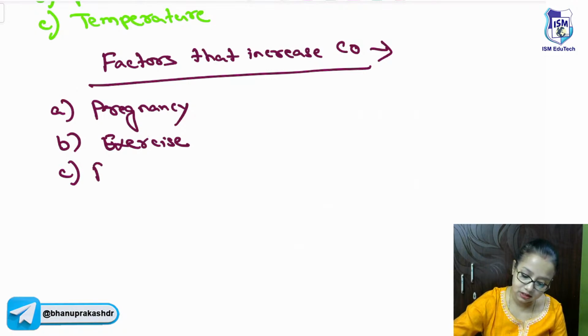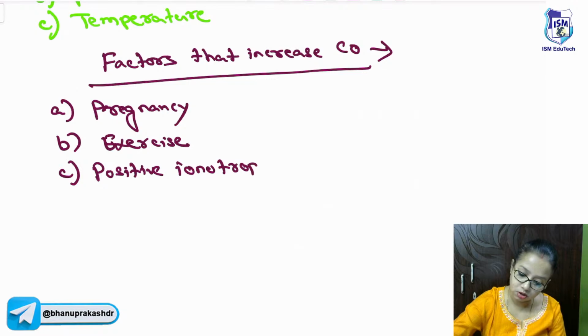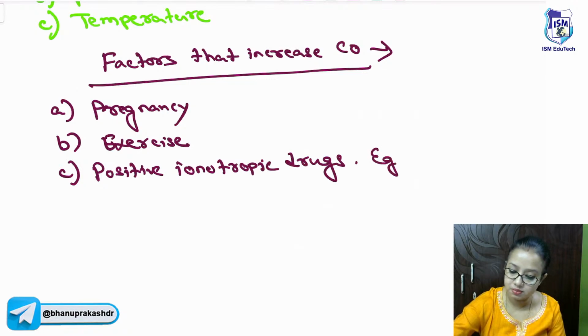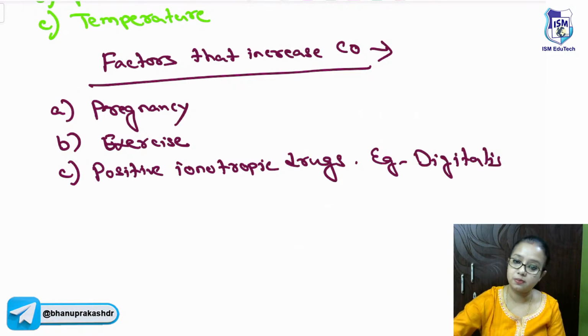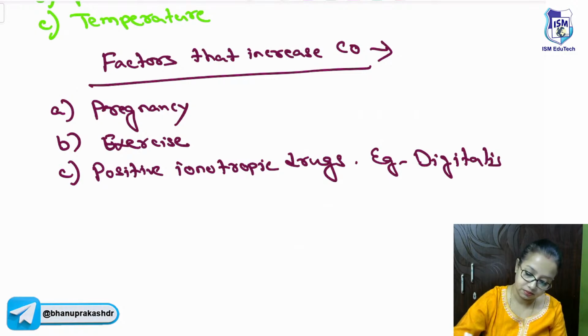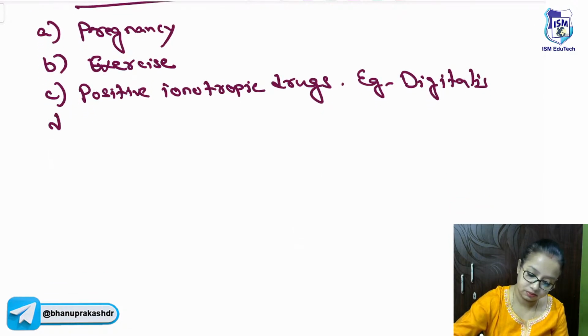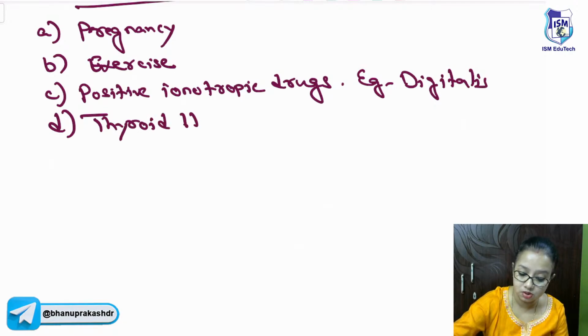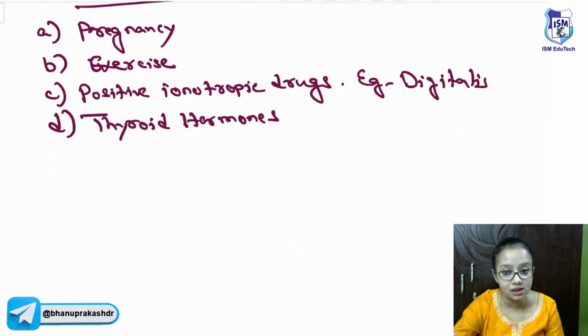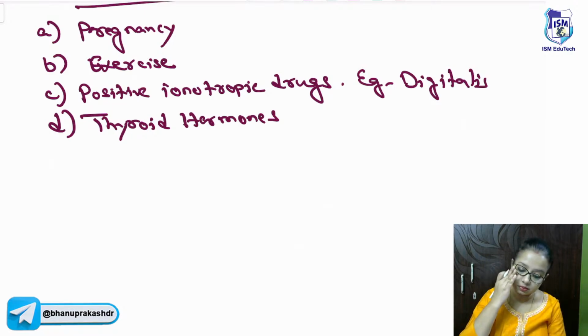Other factors: positive ionotropic drugs, for example digitalis, and thyroid hormones. By increasing the heart rate, they are seen to increase the cardiac output.